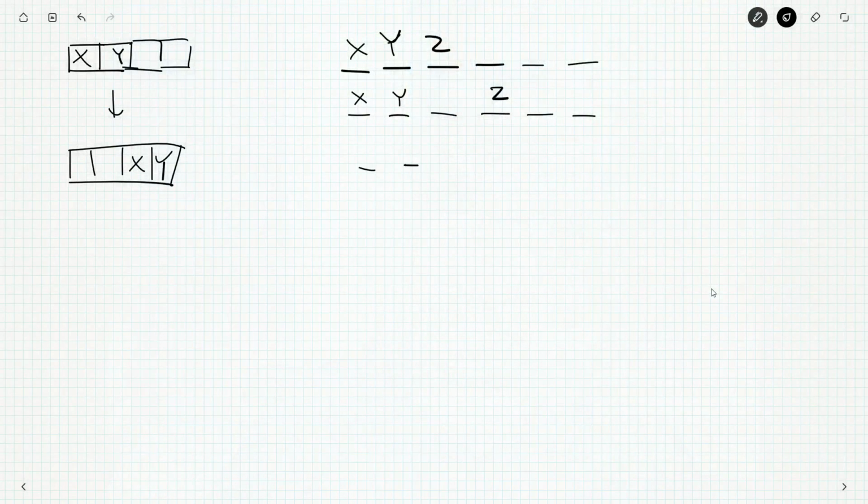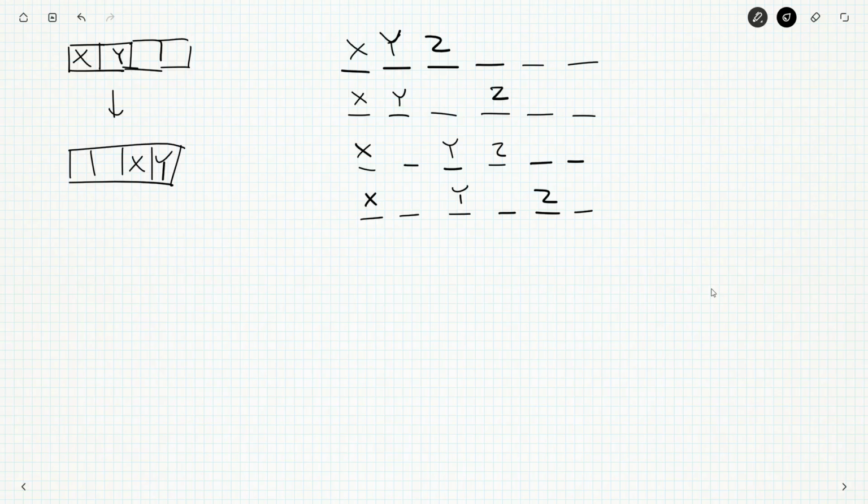Let's move Y, just for fun, just to try and understand the puzzle a bit more. And let's move Z again, because I don't want to be predictable and just keep moving X. I'll move Y again, and let's start moving X. So this is just one possible way to do it.